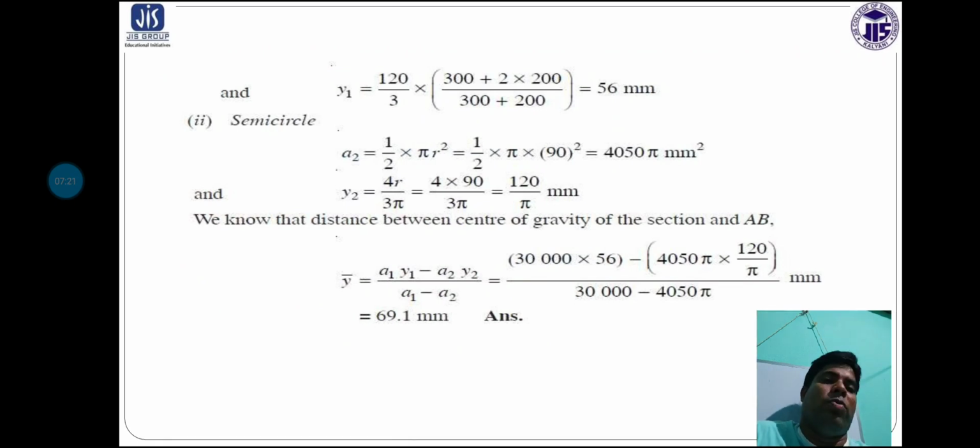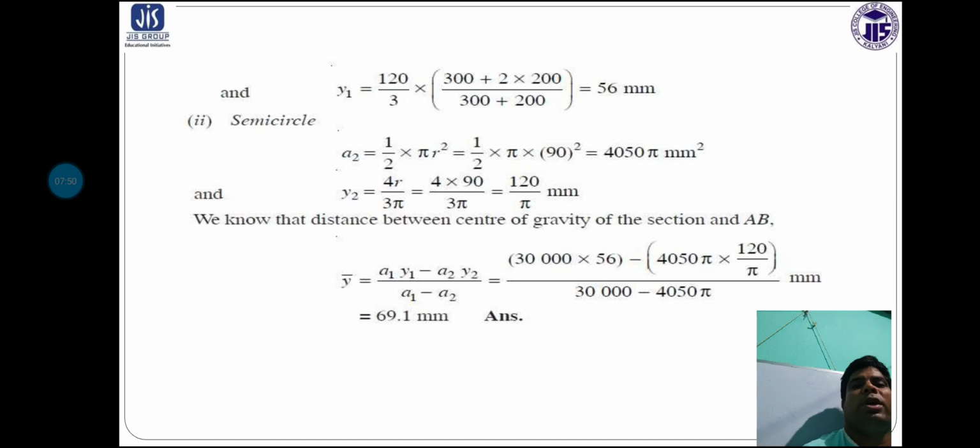Y1 is given by the trapezium formula H by 3 into (B plus 2A) by (B plus A). That means 120 by 3 into (300 plus 2 into 200) by (300 plus 200), that means 56 millimeter.